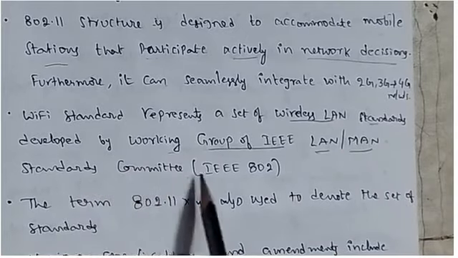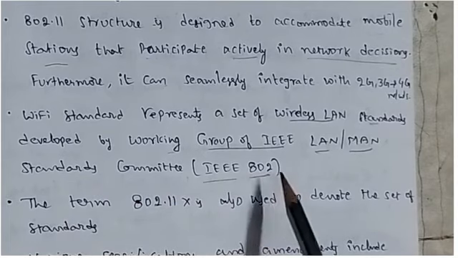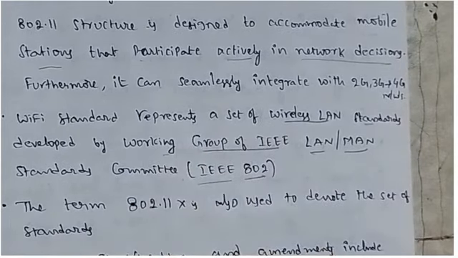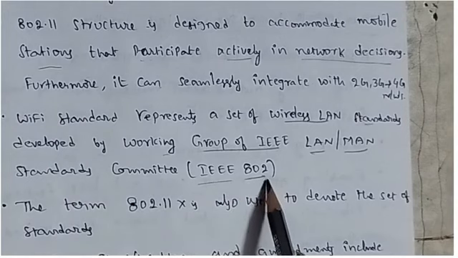The standards committee is called IEEE 802. There are a lot of local area networks which contain wireless. All of that group is called the standards committee of IEEE 802.